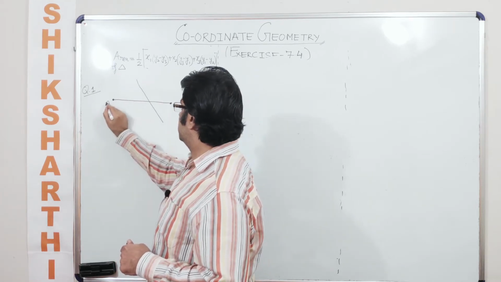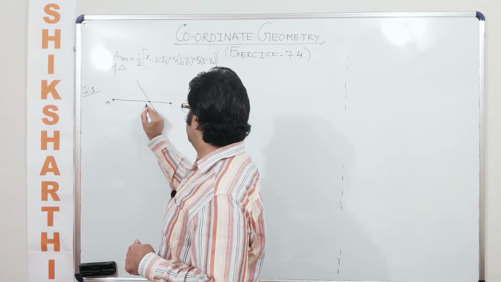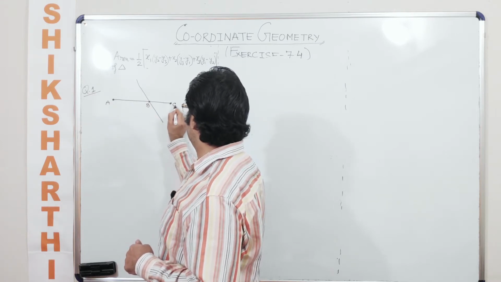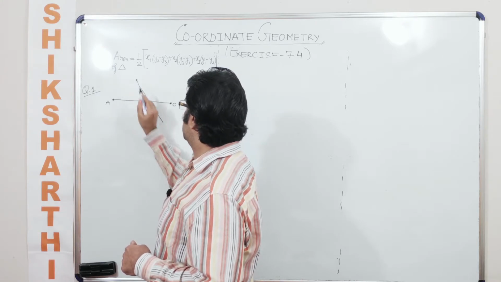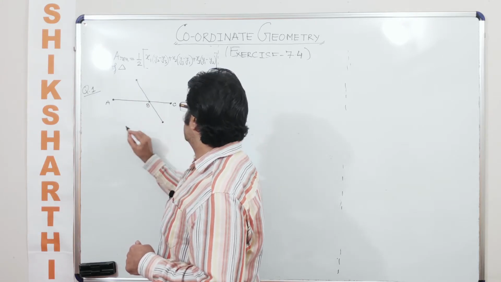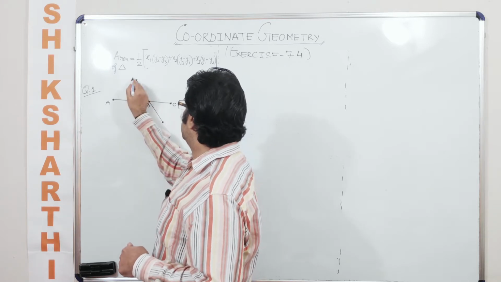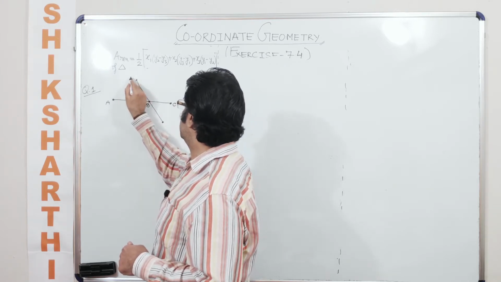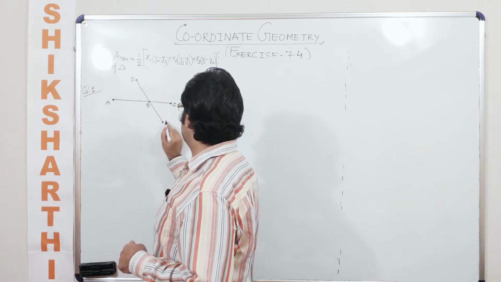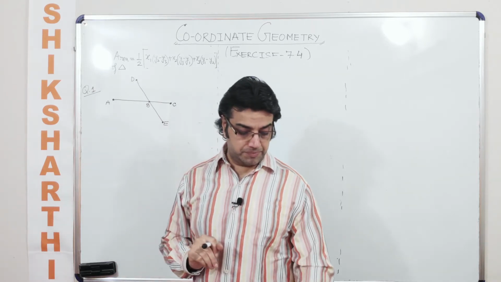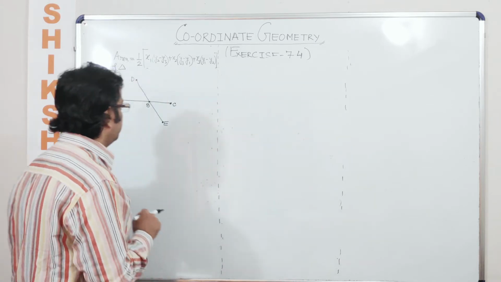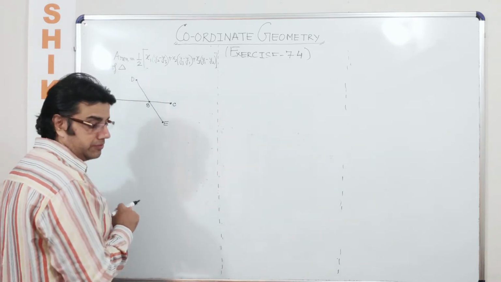So let's say these are 3 points where B is the point of intersection of 2 different lines. Let me make this also as a line segment. So let's say this is line segment AC, and this is line segment DE, wherein their point of intersection is B. So the equation of the line is given.